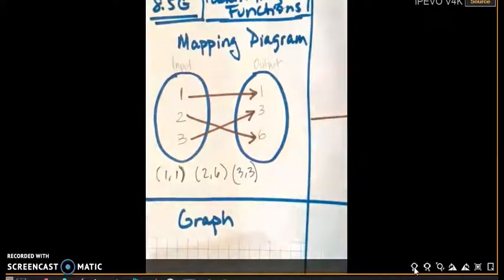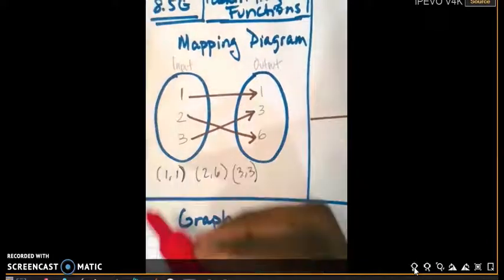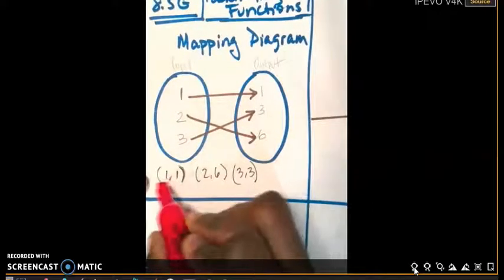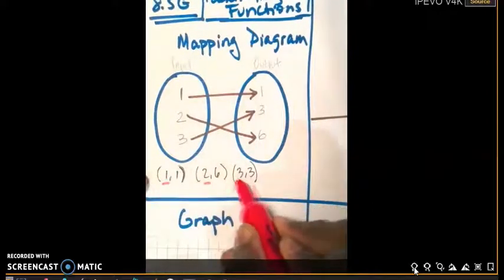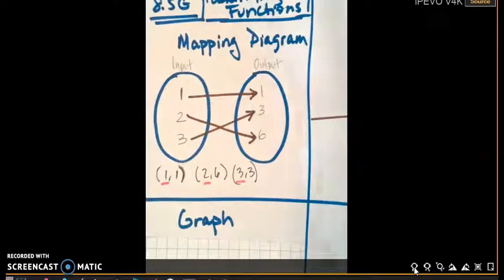Each one of your input or x values is a unique number: 1, 2, and 3. So this would be a function because when I pull out those ordered pairs, each input is only assigned to one output. The x values are unique, and therefore it is a function.